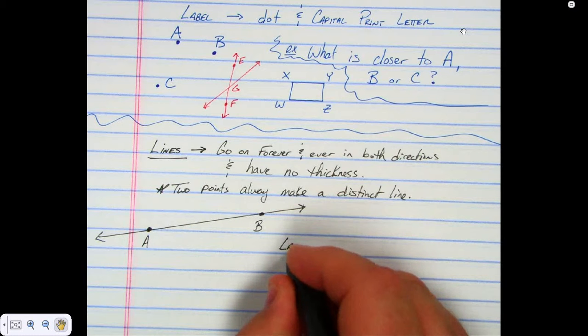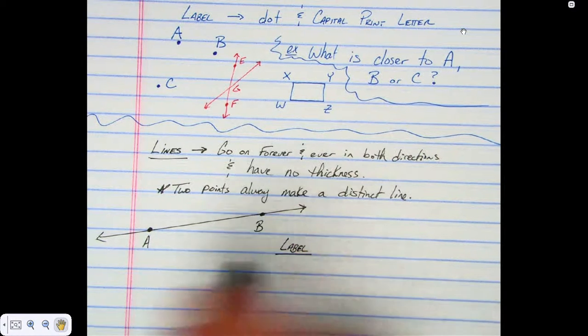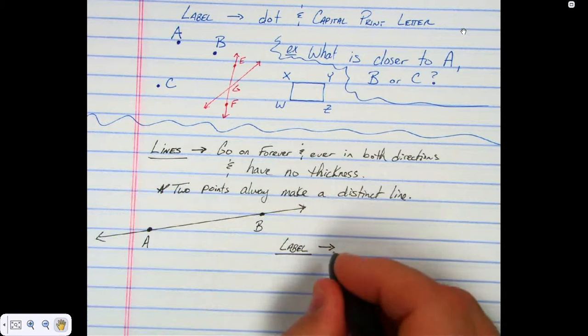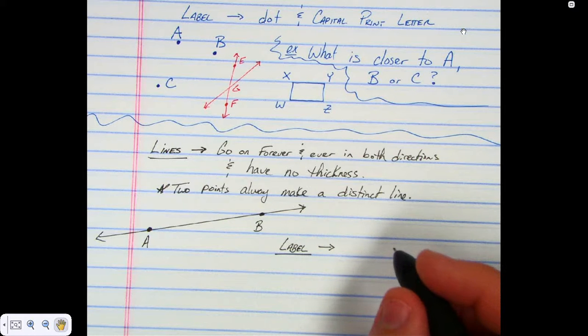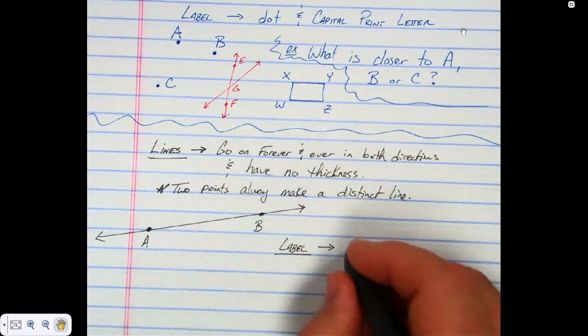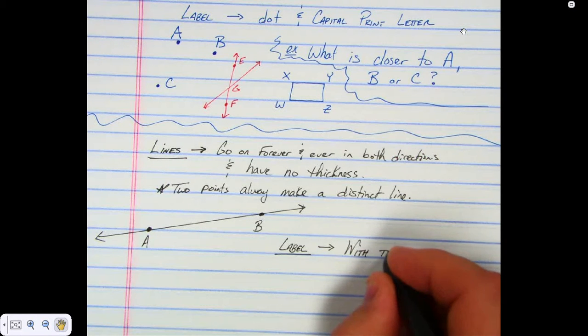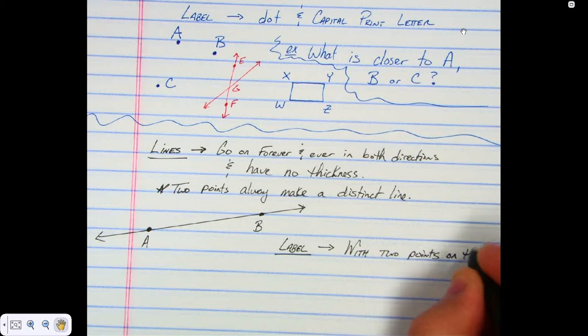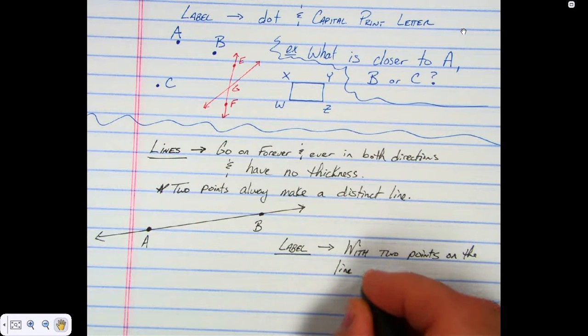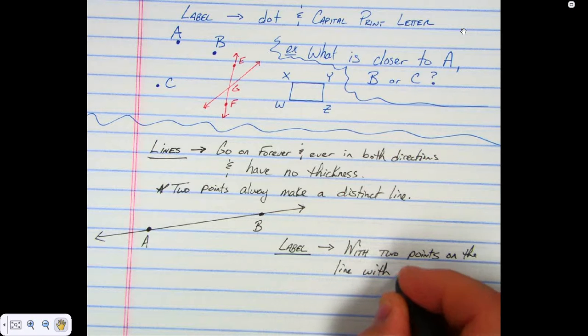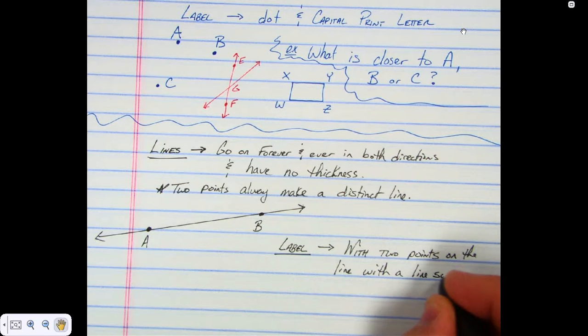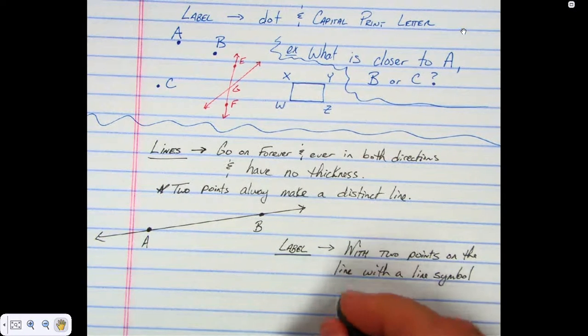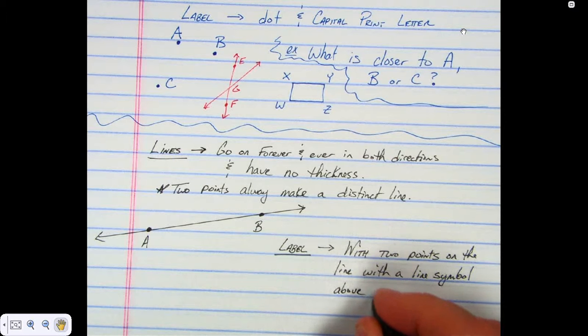How do we label a line? Using two points on the line with a line symbol above the letters.